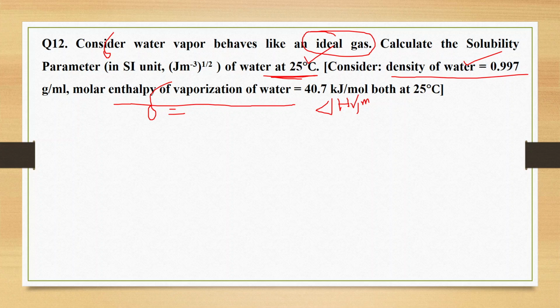Make sure to use that particular formula for ideal behavior and calculate the solubility parameter, because the normal Hildebrand equation is quite different from the ideal one. So make sure to use the formula for the ideal one.